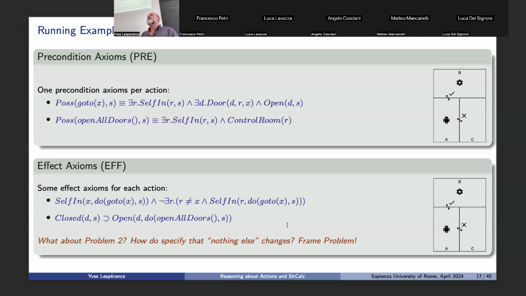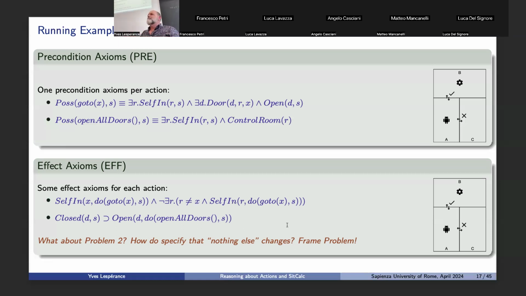If you could only talk about what has actually happened... but when you plan, you think about the future. What are my different choices of action sequence I could do, and what would be true there? I want to find one that gets me to my goal state. So we're thinking hypothetically about how the future could go if I do different things, and we want to talk about many different possible future states. This is essentially what the situation calculus allows you to represent.